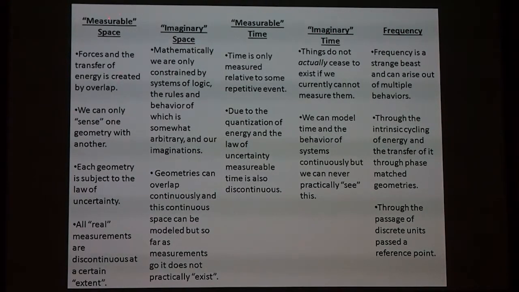So in terms of measurable space, we know that force is created by overlap. We essentially have to feel one geometry with another. Because these geometries are subject to wavelength contraction and the uncertainty law, we can't measure space to essentially arbitrary precision. We're limited by the size mismatch between these geometries.